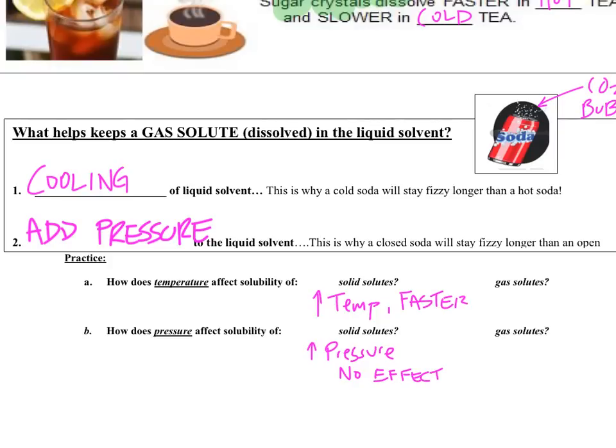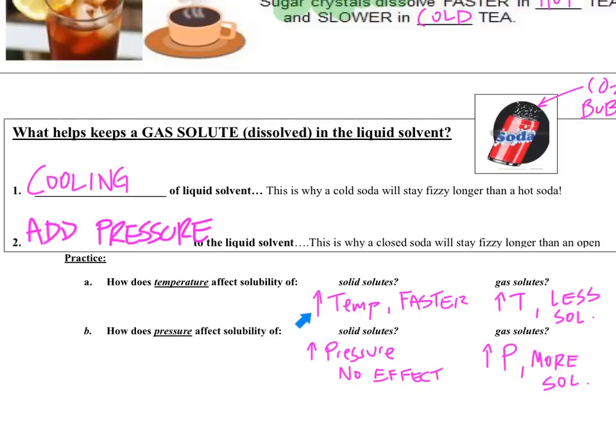As far as gas goes, if I increase the temperature, then it is less soluble. And if I increase the pressure of a gas, then it is more soluble, meaning it dissolves faster.